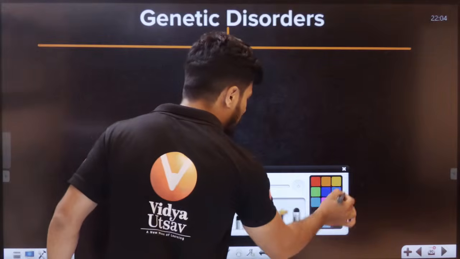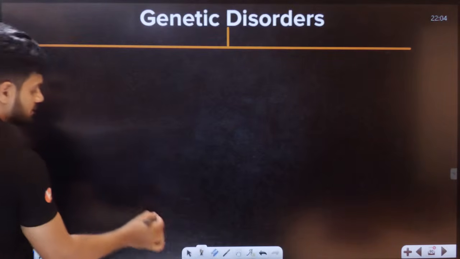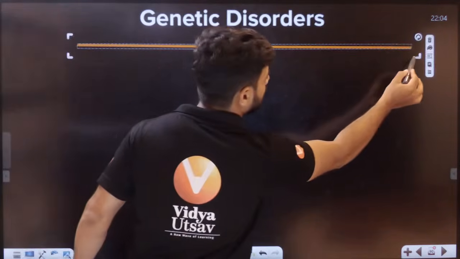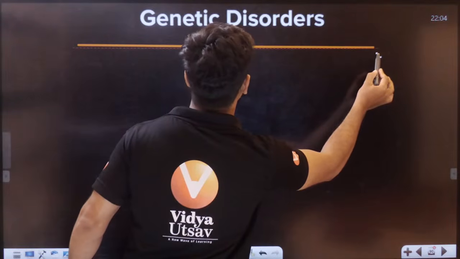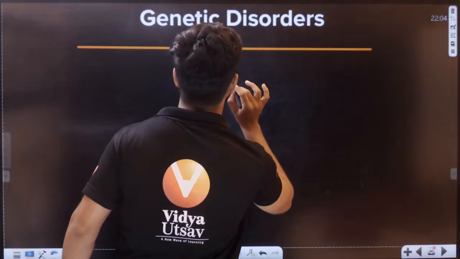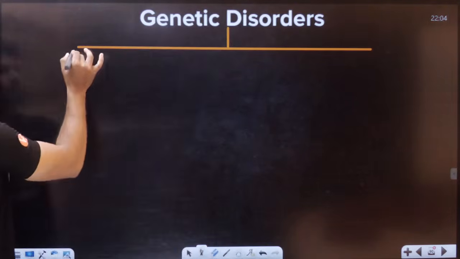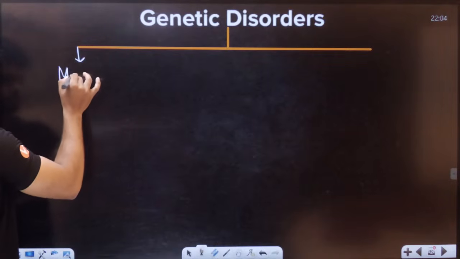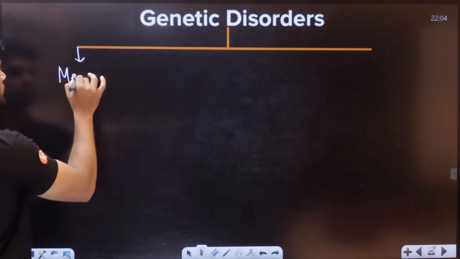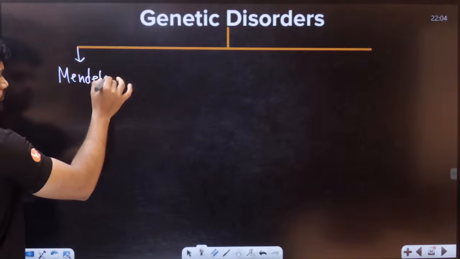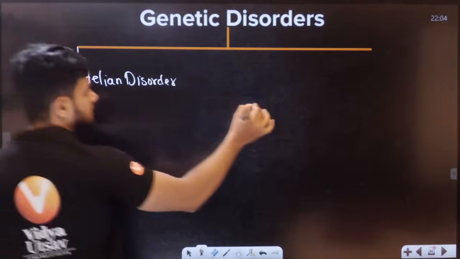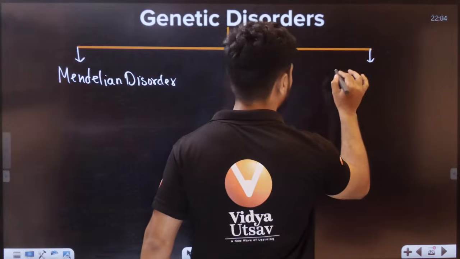One is called Mendelian disorder. The other one is called chromosomal disorder.